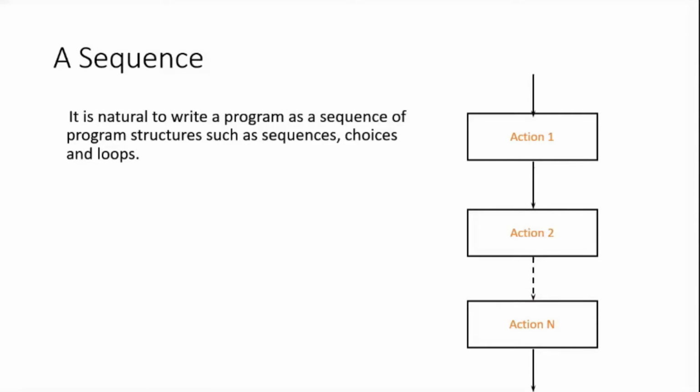So this goes on. There won't be any condition checking or looping in between. Even if there is a loop in between, that loop can be clubbed together into a single action. That particular loop structure can be considered as a single action. So that is a sequence.